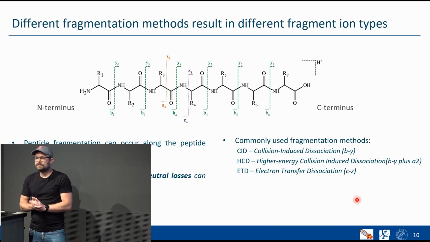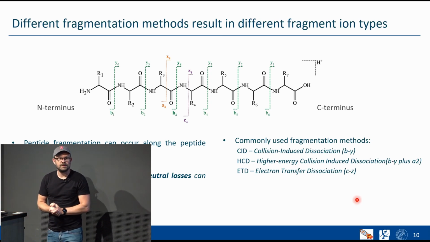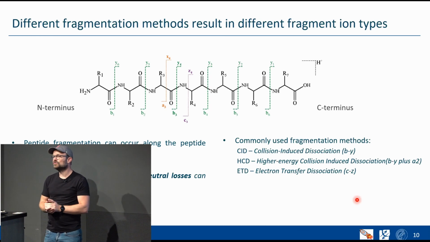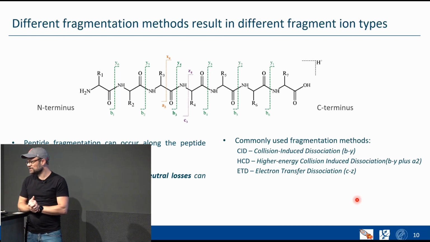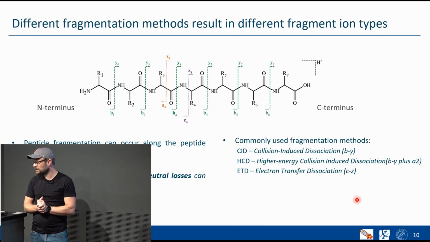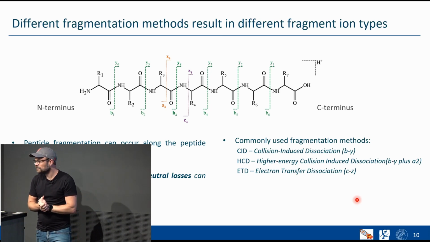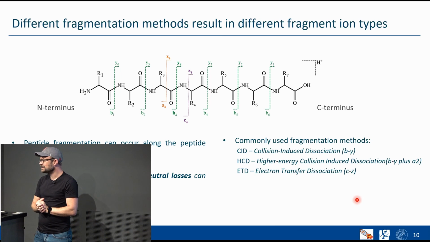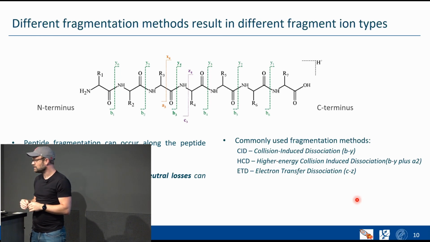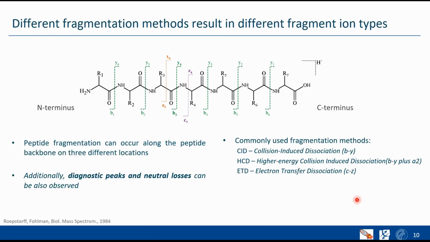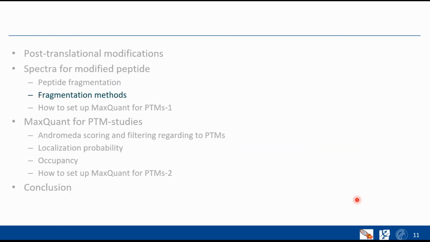We know there are different fragmentation methods. There is the good old CID, collision-induced dissociation. There is its big sister, HCD, but there's also ETD and others. Let's first have a look at CID and HCD spectra.